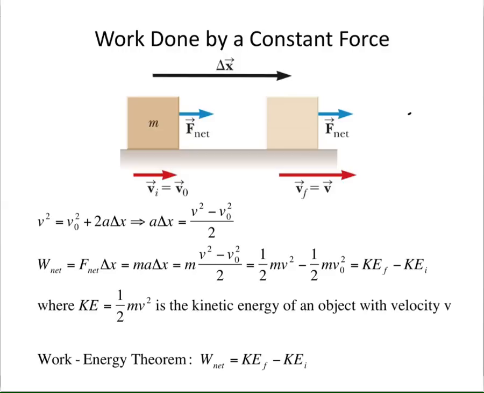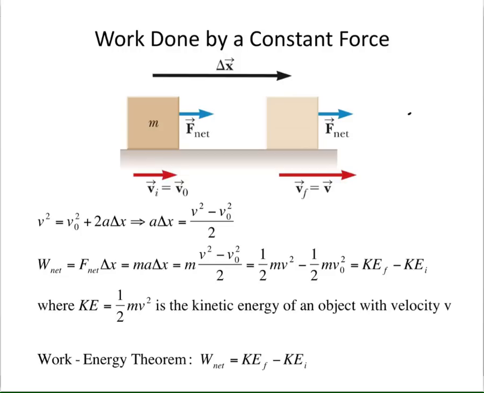So, as soon as you start applying this net force on the object, which moves initially with a velocity of v0, it will have a non-zero acceleration by Newton's second law, because force F is equal to m times a. If the force is non-zero, then a necessarily will be non-zero. So the object will increase its speed, right?